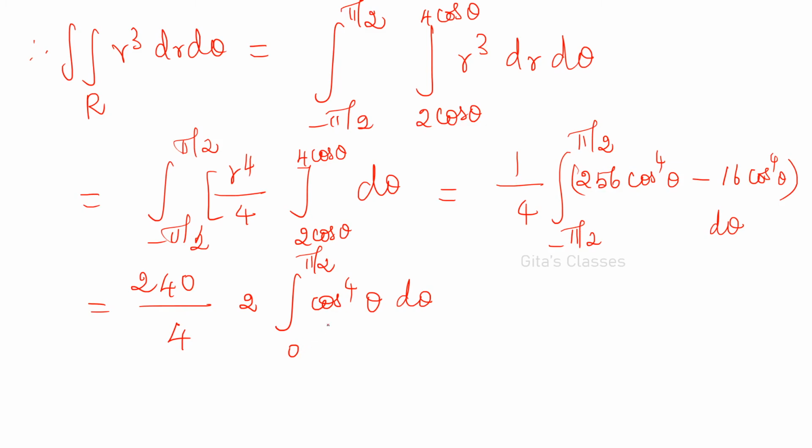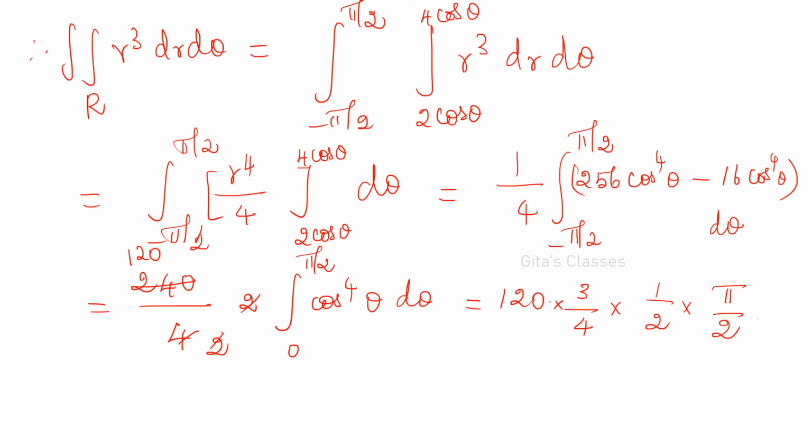Okay, so it is equal to 240, this 2 makes it 120. So 120 into integral 0 to pi by 2 cos power 4 theta; using gamma functions we can directly write 3 by 4 into 1 by 2 into pi by 2.